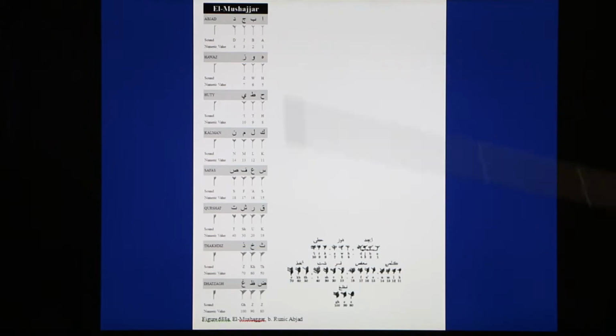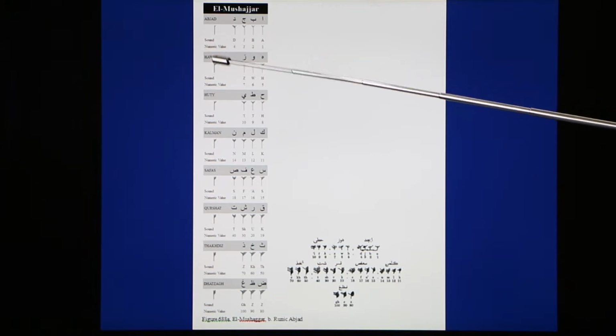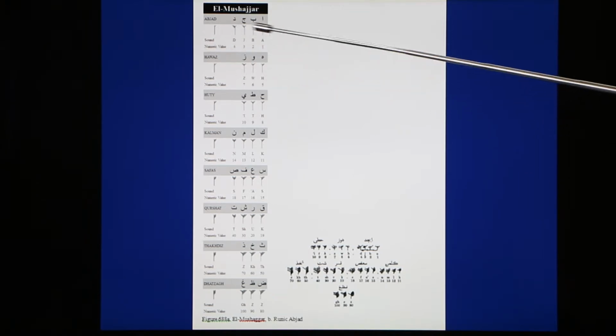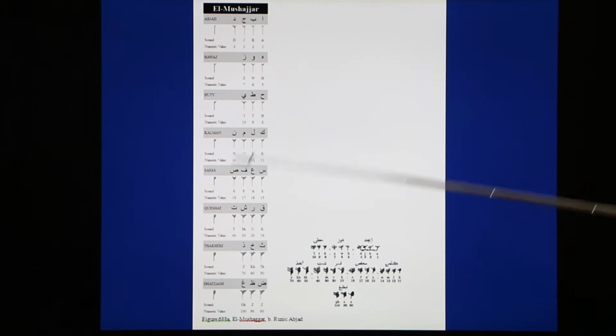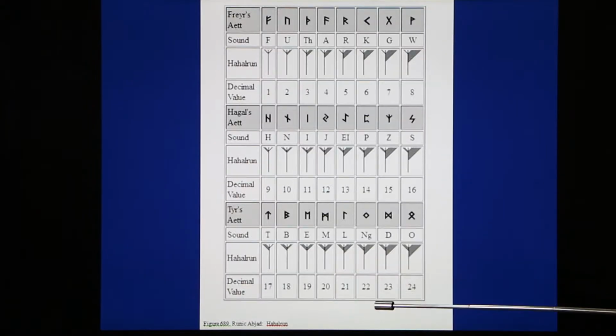Again, to remind you that the situation is more complicated than you would get the idea from places like Wiki, is that there are versions of the abjad, here al-Mushajjar, linking to a runic alphabet, and I see here A, B, J, D, the value, and then these ferns, which, as I showed you in a much earlier lecture, comes from India in chapter 4.